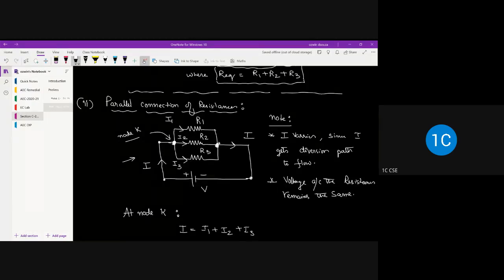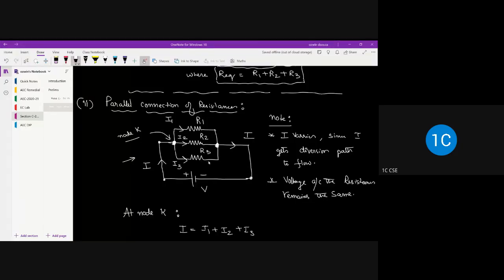But at the outlet, if you add up all these charges, you will again end up getting Q. So the distribution of current I1, I2, and I3 takes place based on the resistances of the path.